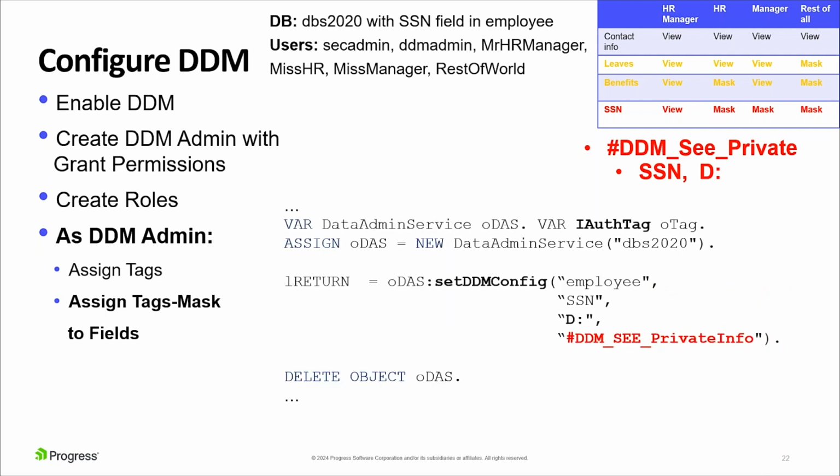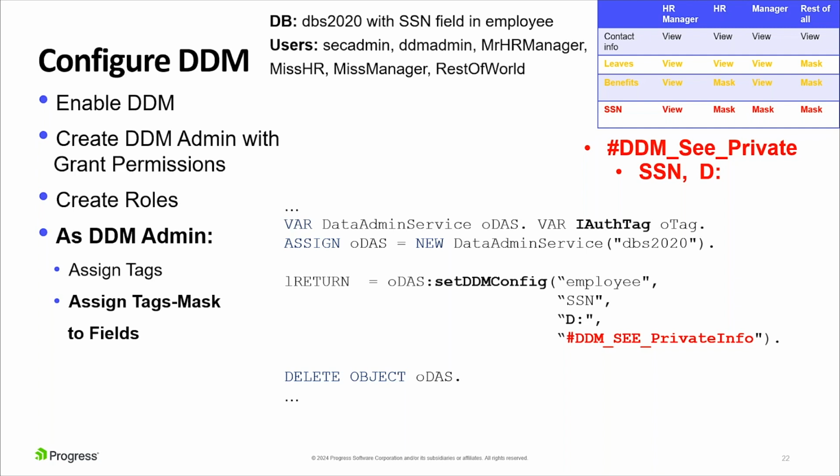So in this code snippet, we are setting the DDM configuration. The API is set DDM config. Which table? The employee table. And which field? SSN field. What is the type of the mask? We are saying it's a default mask. And with what tag? We're saying use the DDMC private info tag.